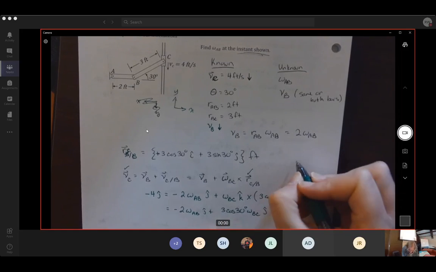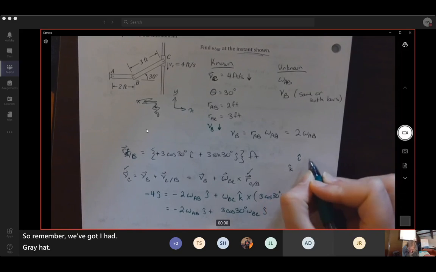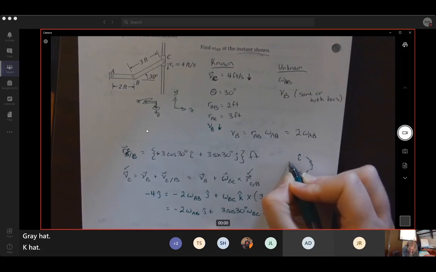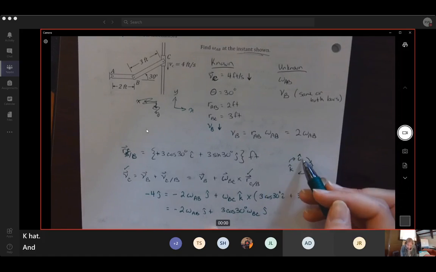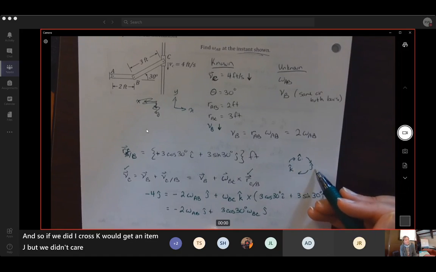So remember we've got i hat, j hat, k hat. If we did i cross k, we'd get a negative j, but we did k cross i, so we get a positive j.